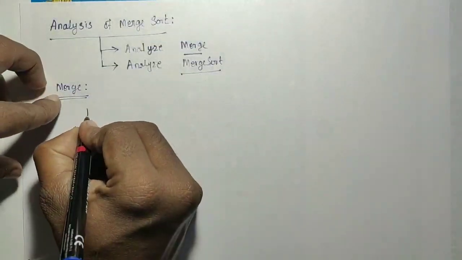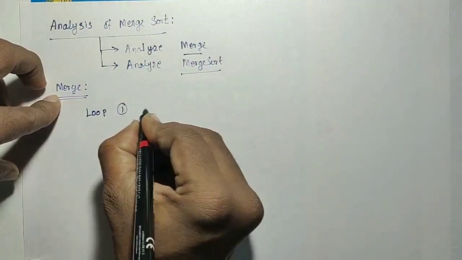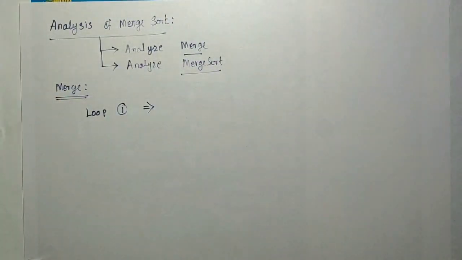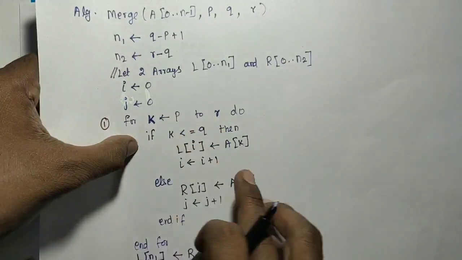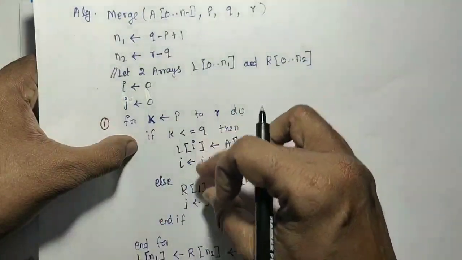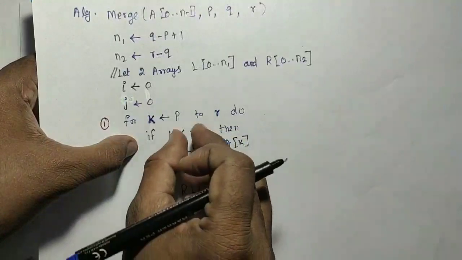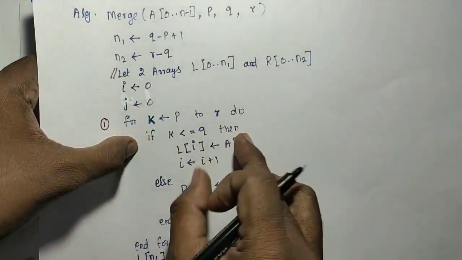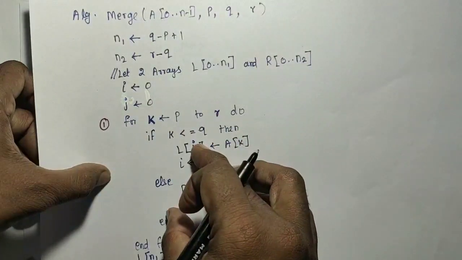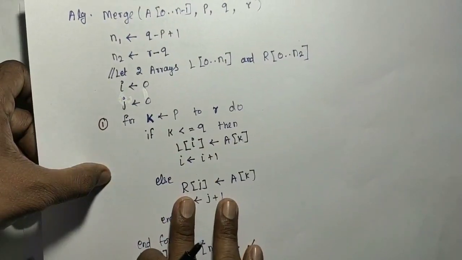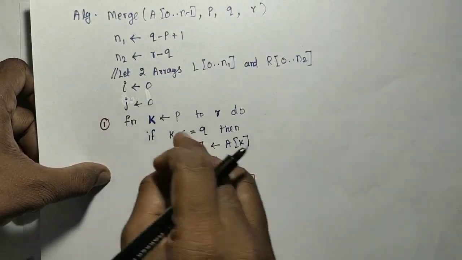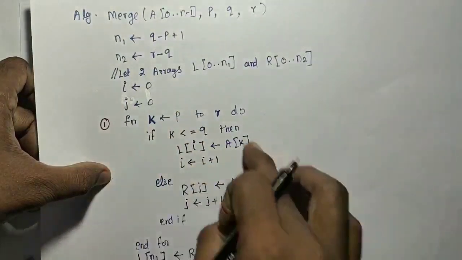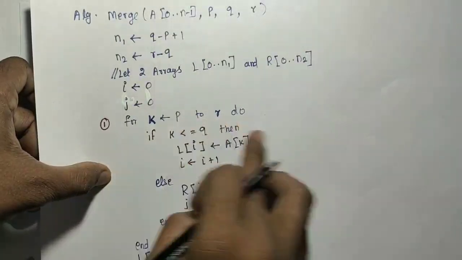Okay, so loop 1 complexity. Number of iterations in loop 1: how can we write it? This is a for loop for k equal to P to R. So the total number of iterations going to happen is this one. Also, this loop is not going to break due to some condition. So compulsorily that loop will be executed this number of times.